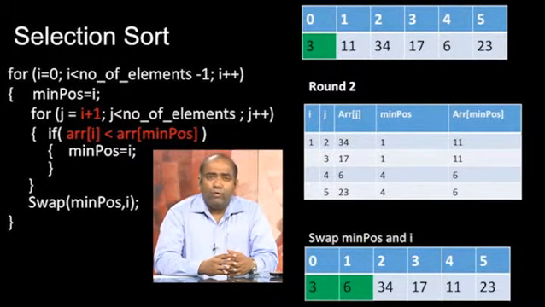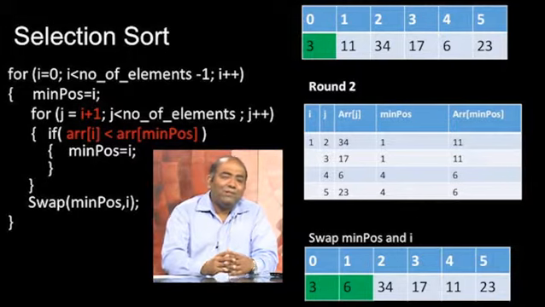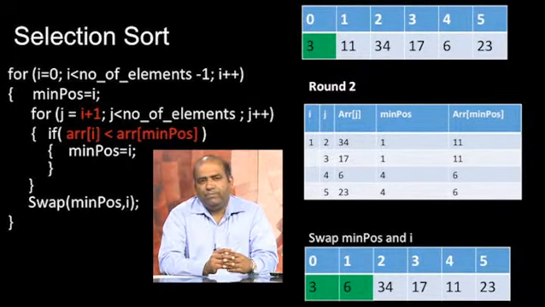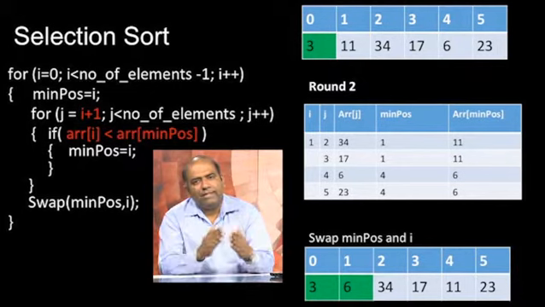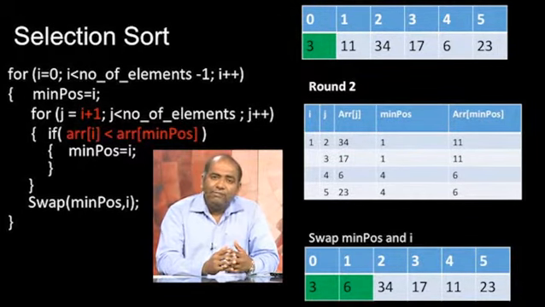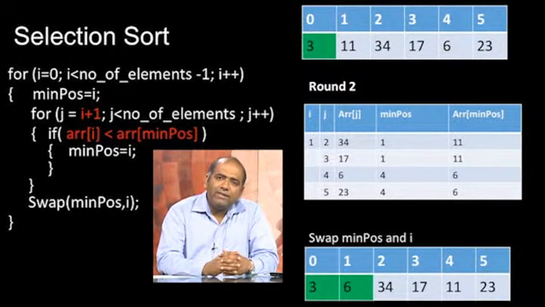When j reaches 4, minimum now becomes 6. Finally, j reaches the end. So, for round 2, the minimum position is 4. Now, we swap the contents in the array at position 1 and 4. Hence, in the array 11 and 6 are swapped.